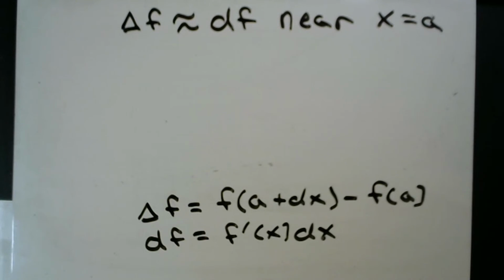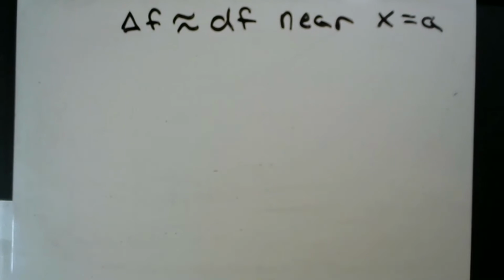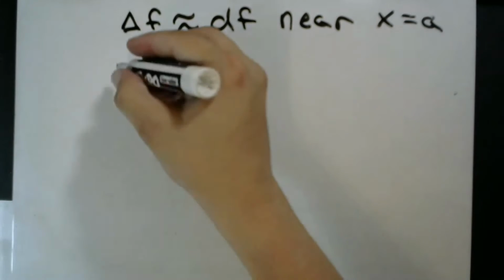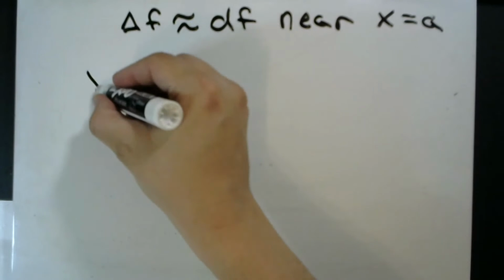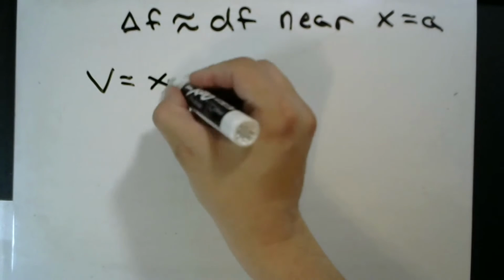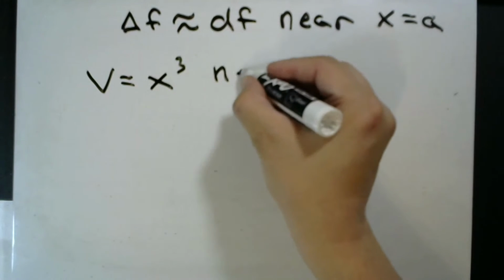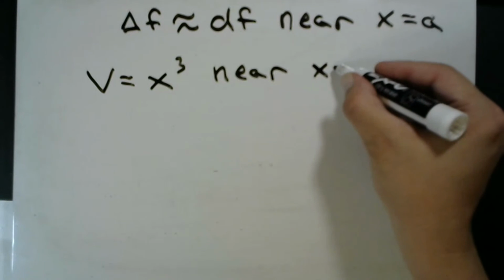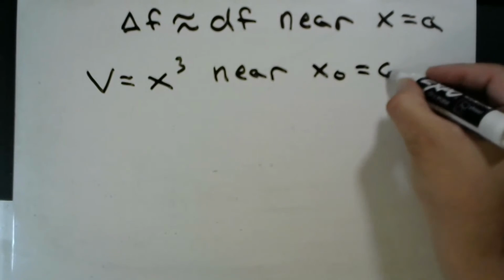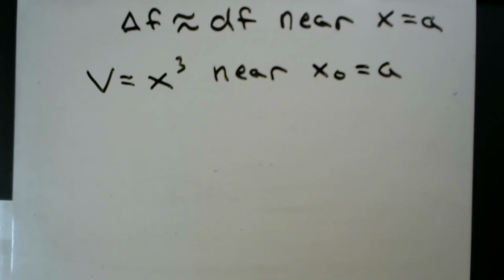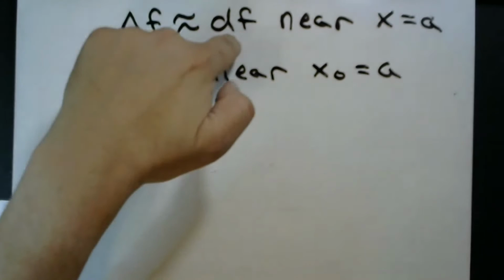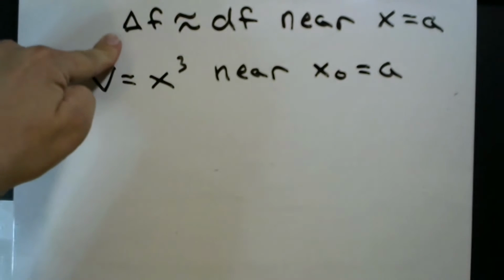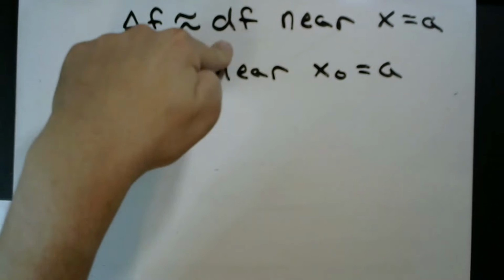So what we're going to do for this problem is that for us, going back to our volume, we have our volume of a cube is x cubed, and we're going to look at this near x0, which is going to be our a. So we're going to say that df is about delta f. What we want is delta f, but we're going to approximate it with df.